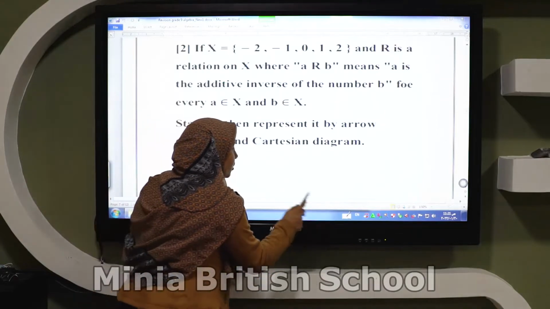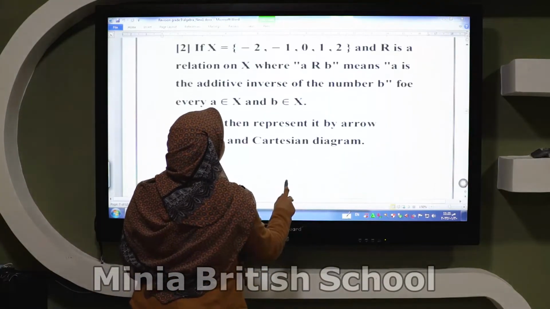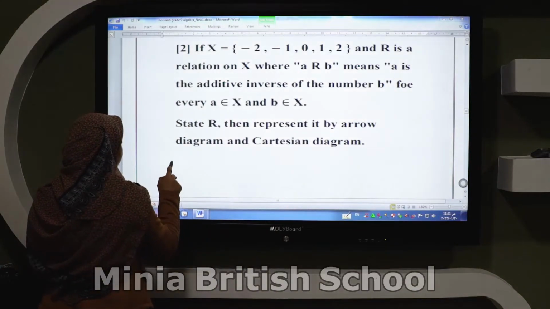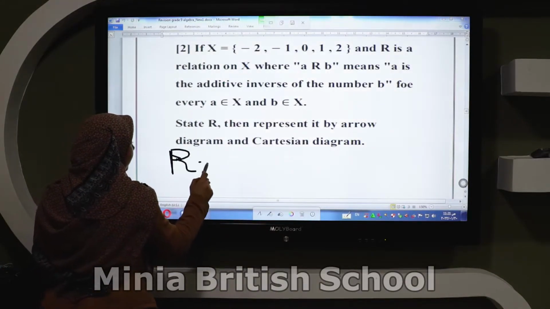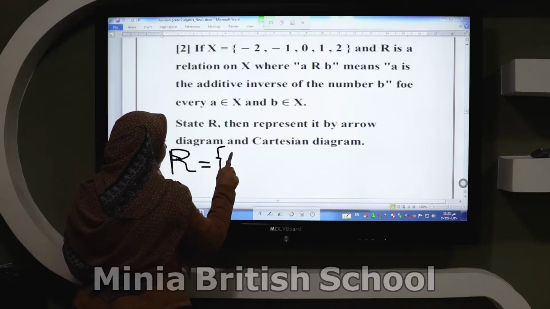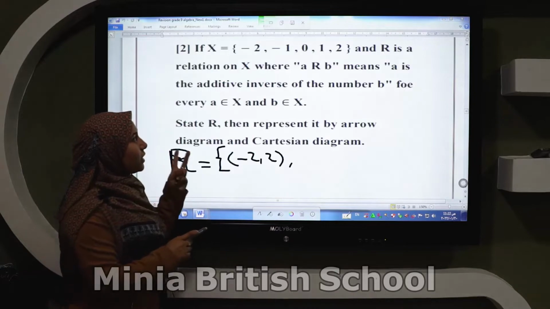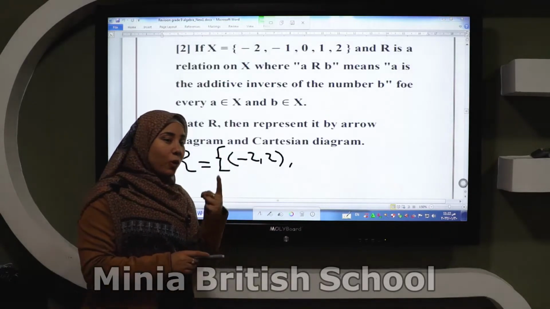So the first ordered pair of the relation is -2 and 2. Second, -1, its additive inverse is 1, good.